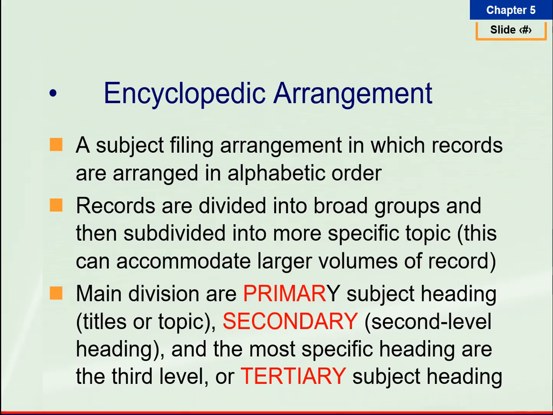So there are three subdivisions of the encyclopedic arrangement. The first one is the primary subject heading, which is what we call the titles or topic. The secondary is the second level heading, and lastly the most specific heading, which is the tertiary subject heading.